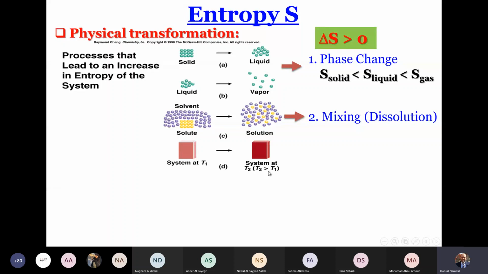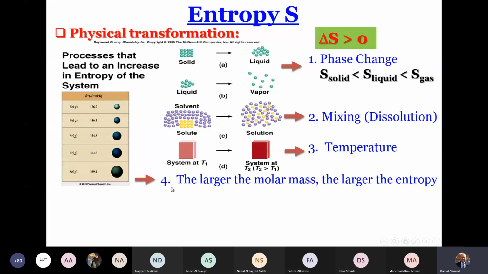So S at T2 is greater than S of the system at T1, and delta S of this transformation is positive. So in the physical transformation, you can deduce delta S is positive when you pass from solid to liquid or from liquid to gas. You can say directly delta S of the dissolution or the mixing is positive. If you increase the temperature, without doing any calculations, you can say that delta S of this transformation is positive.